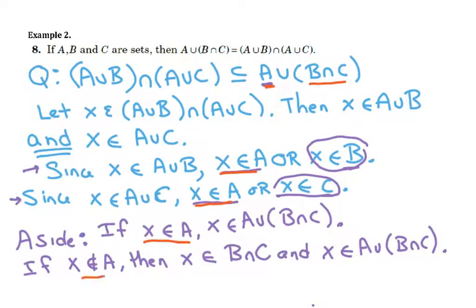If it's not in A, well, what do we know? We know it has to be in C and we know it has to be in B. So that's how I got to there in that proof. So I hope that helps with that.